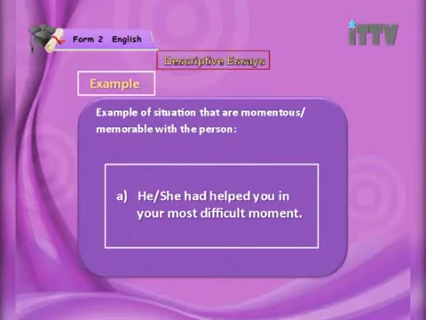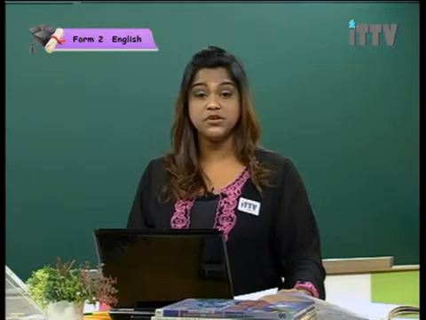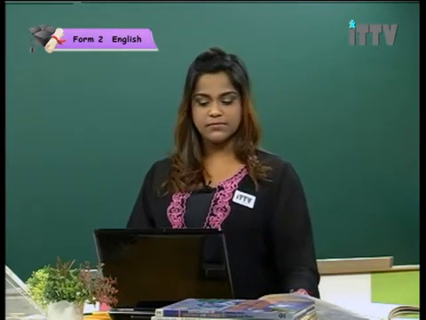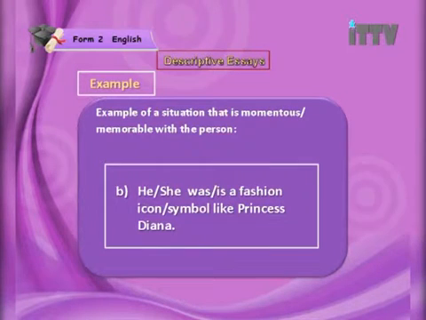He or she had helped you in your most difficult moment. Now, that could be a memorable experience for some people. On to the next example. He or she was, or is a fashion icon or symbol like Princess Diana. You could even talk about Michael Jackson or anybody who's your idol.